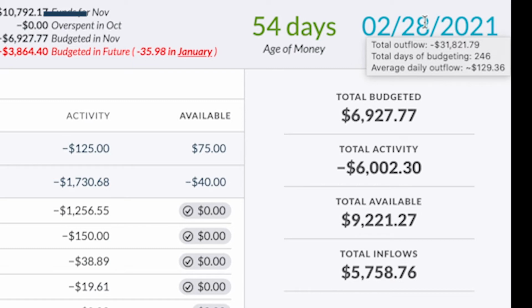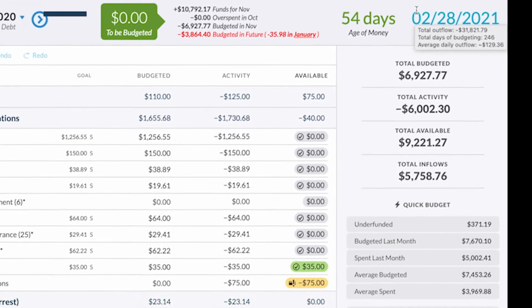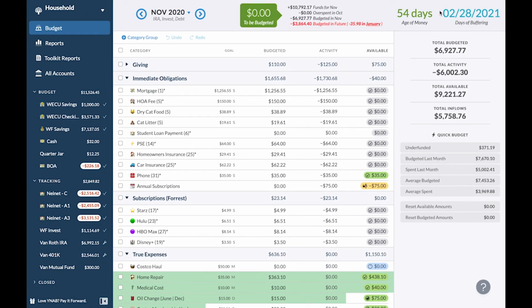What it is calculating is if you spent all the money that you have in cash, how many days into the future could you go? So if I'm spending, let's just round it up, $130 on average every day, I will run out of money on February 28th, 2021 if I don't make any more money. But of course, I'm not trying to spend all that money. Those are my emergency funds. So keep all that in mind. It is almost a worst case scenario.